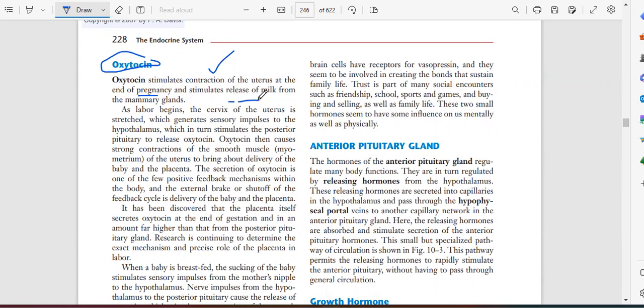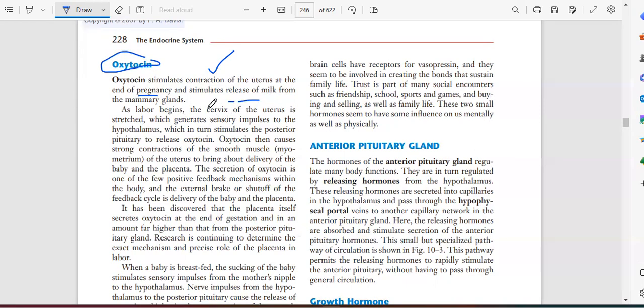So its second function is to release milk from the mother's breast. So oxytocin does two things: one is contraction of the uterus, and the second is release of milk from the mammary gland.